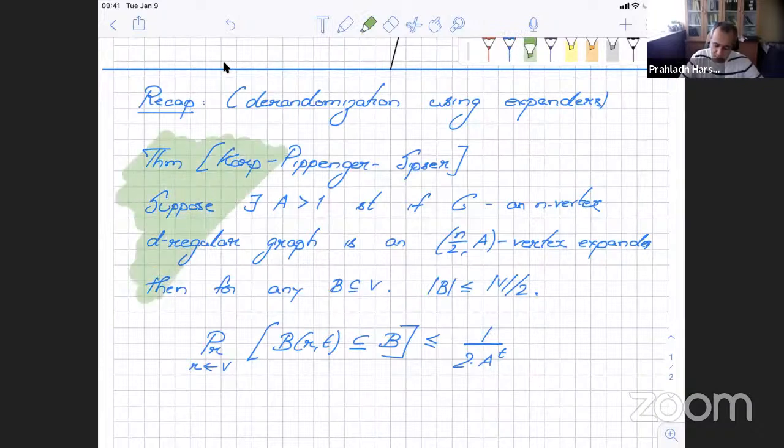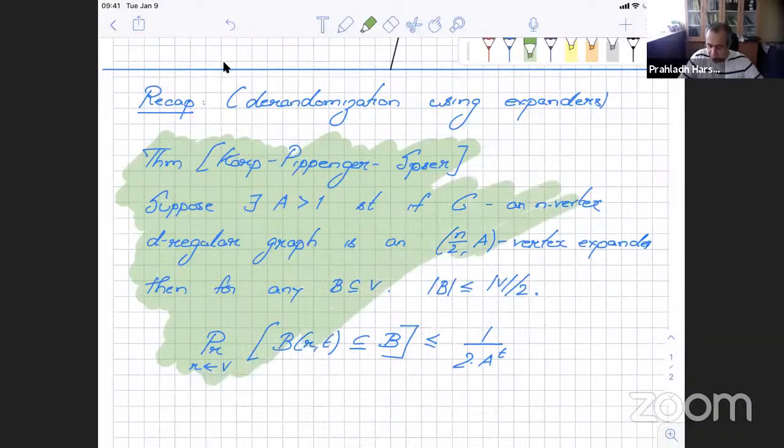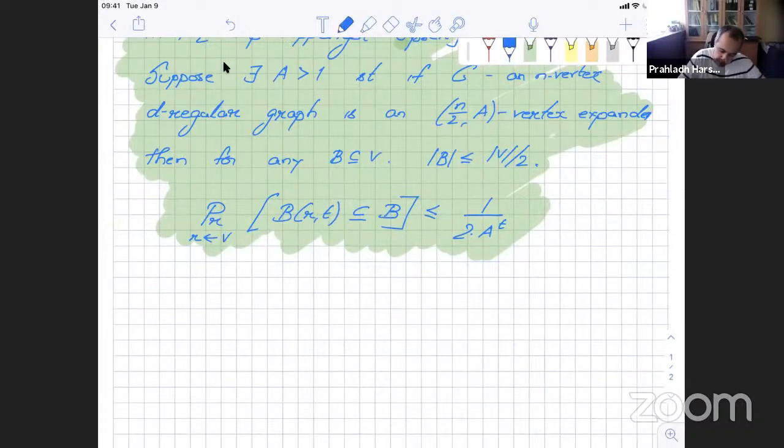It was the end of last lecture. So what does this theorem state? Formally, let's think of this. This is the vertex set, and you have some B here, which is not too large.